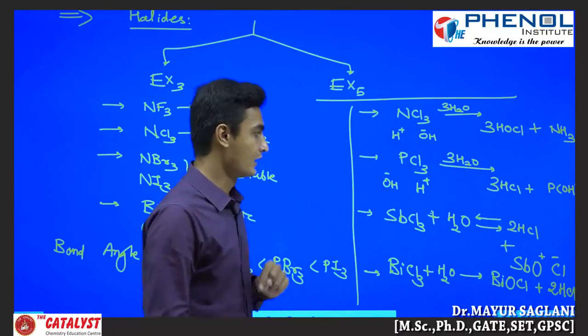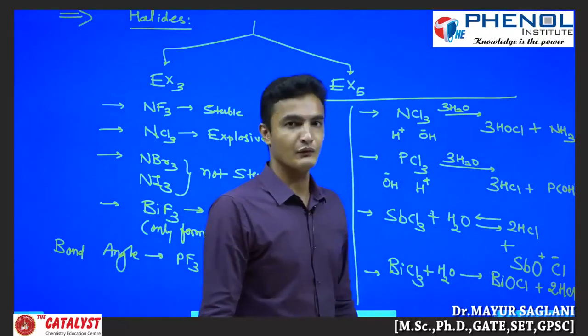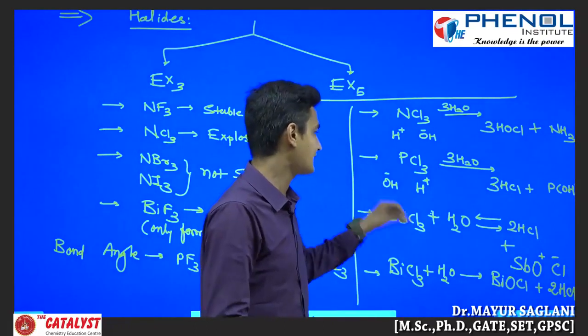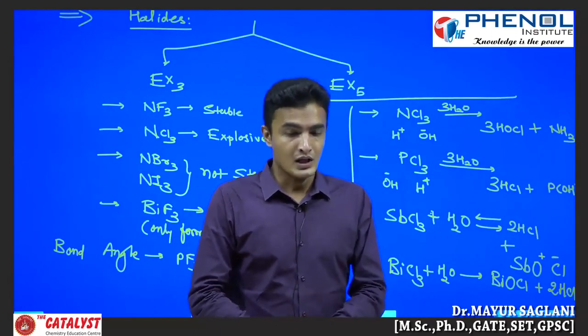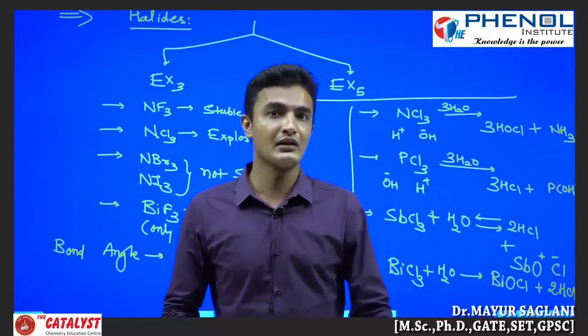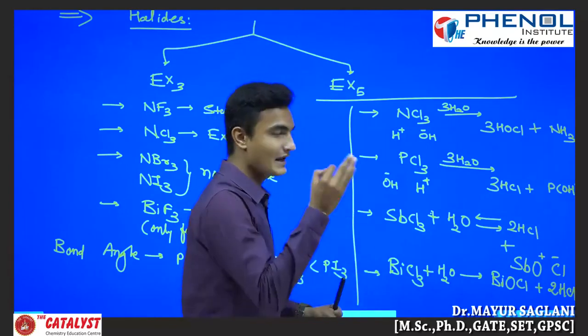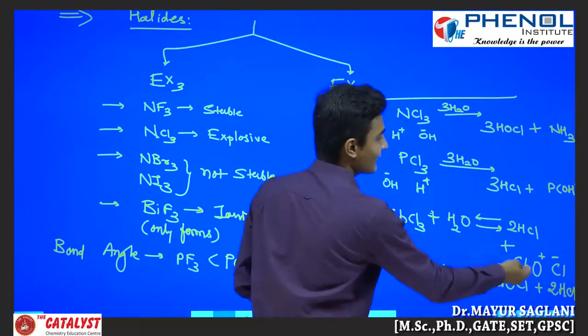Here, on the right hand side there will be 2 HCl in equilibrium with SbCl3. Now if you add more HCl, then SbCl3 will not hydrolyze, because the HCl is on the right hand side.